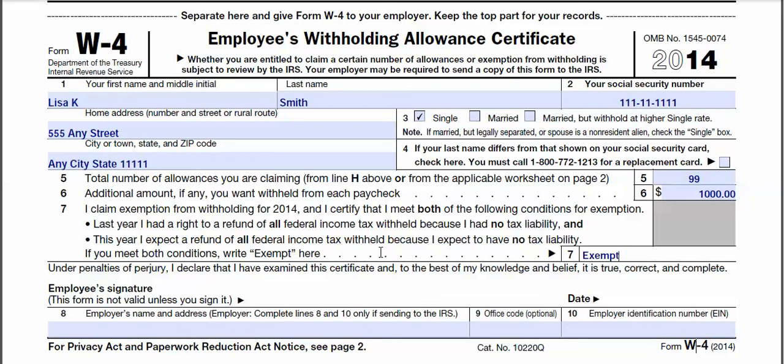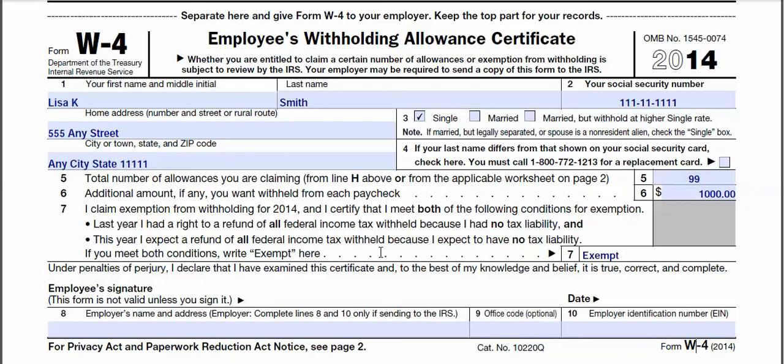Okay, so you did have a tax liability of $3,000, but you got $2,000 back because you paid too much. So where it says that you had no tax liability on one of the exempt bullet points here, you wouldn't meet that criteria. So you would not be able to claim exempt strictly because you had a refund last year, okay? Because you did have a tax liability, okay?